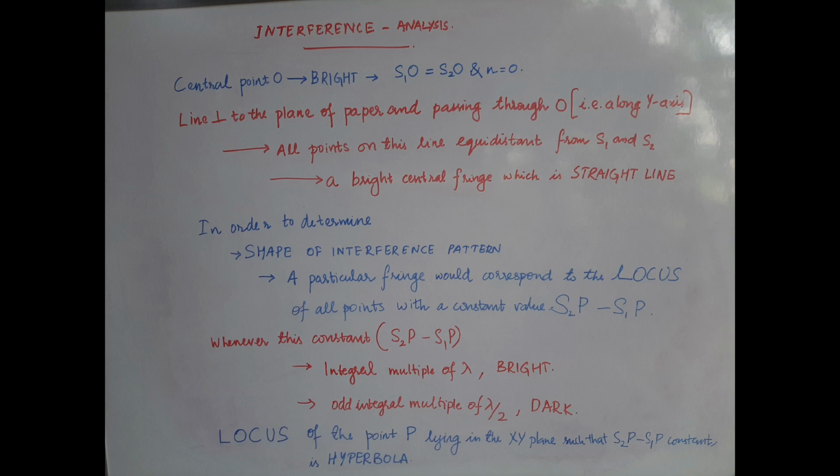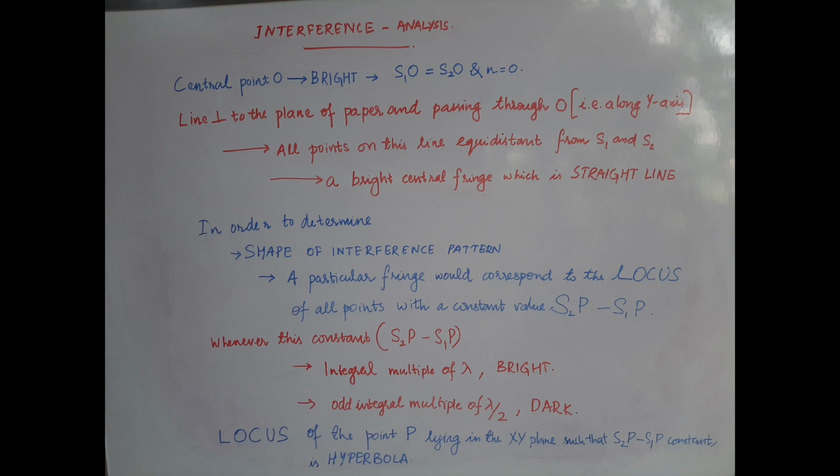In order to determine the shape of the other fringes, we consider that a particular fringe corresponds to the locus of all the points with a constant value of S2P minus S1P. For each constant value of S2P minus S1P, the locus of all the points gives a particular fringe.